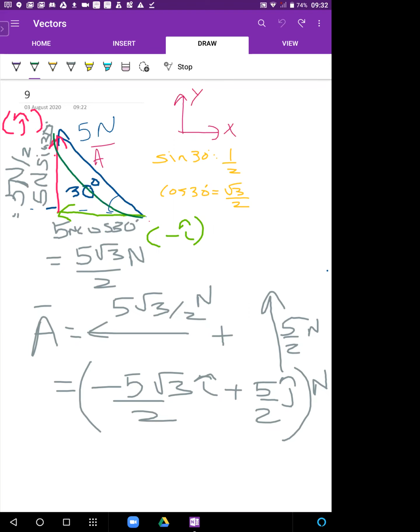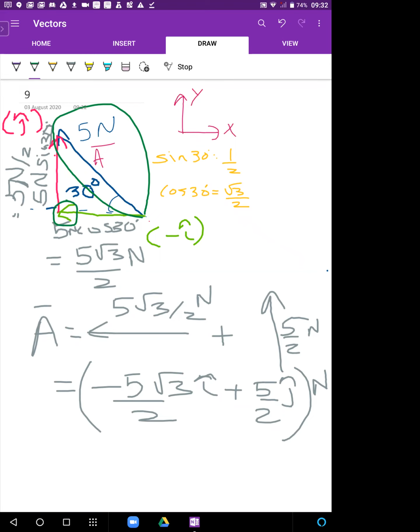So go back to this, ask yourself, is this vector going towards the left or is it going towards the right? If you analyze it, you get the feeling that this is moving towards the left. So when I draw the arrowhead on the horizontal guy, I will draw the arrowhead pointing towards left.